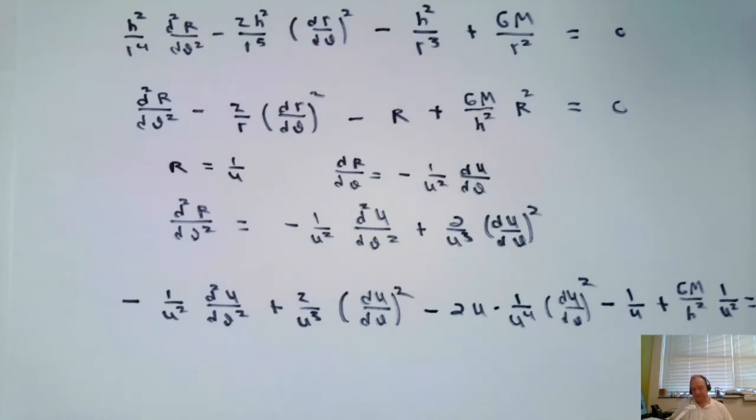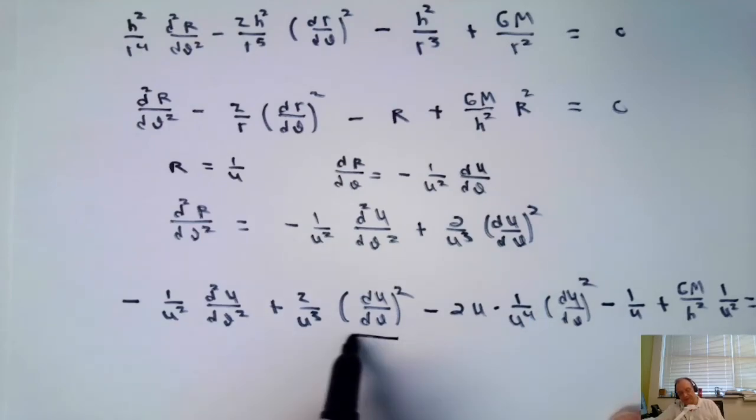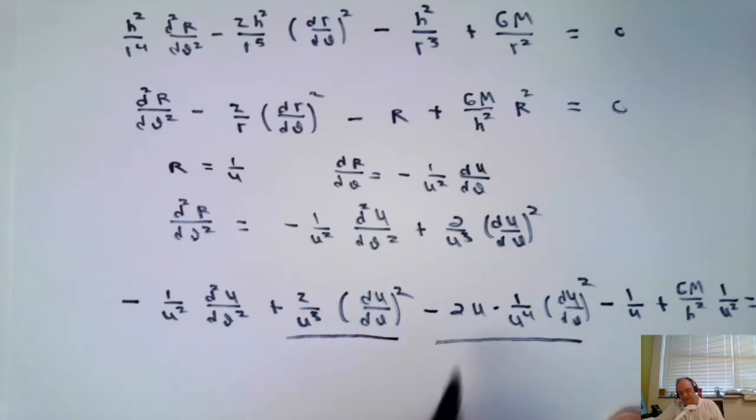After all of this, a miracle happens. This is 2 over u cubed times the square of du d theta that I'm subtracting away, and that is the same as that term, so those terms cancel each other out.